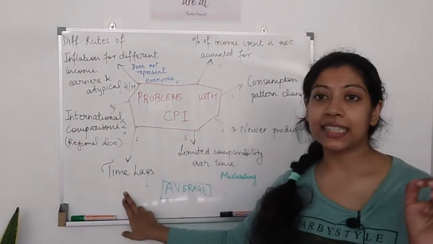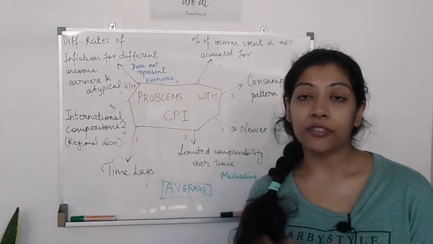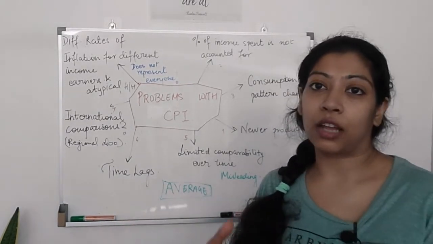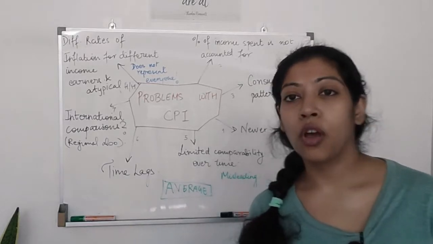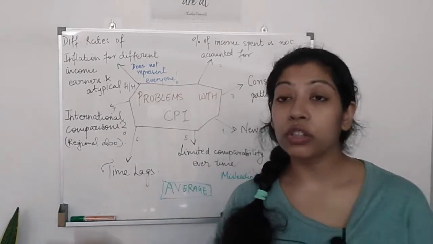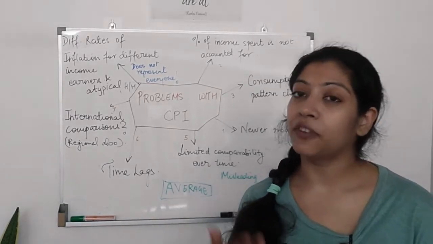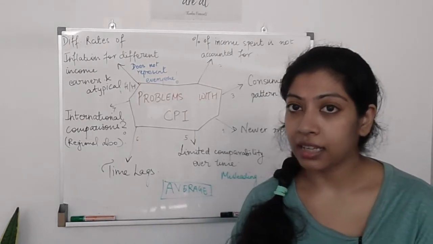Another drawback is time lags, because the CPI is calculated looking at the consumption of the typical household for all the goods and services. Now that can be very tedious to look at in actual terms.